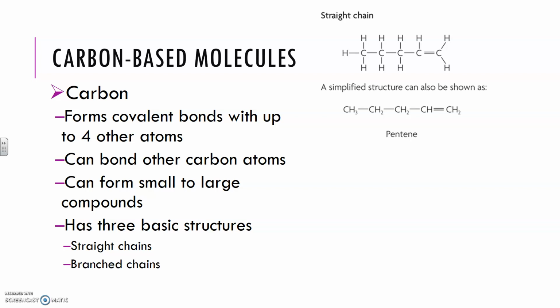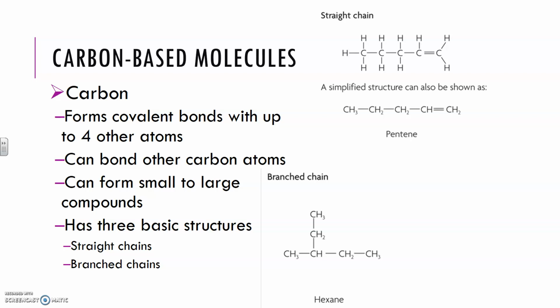So you also have branch chains. So branch chains, basically you have your carbon backbone here. Okay, so it's the longest continuous carbon chain. And then you have another branch of carbons coming off of that. This you see a lot in some storage molecules.